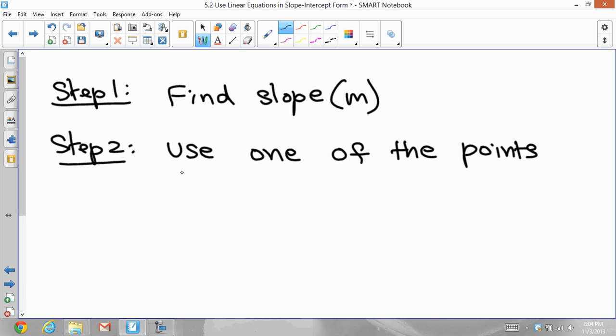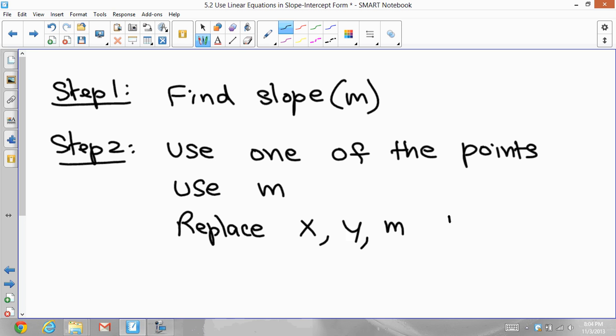Use one of the points and use the m which you found and replace your x, your y, and your m by the numbers and solve for b.